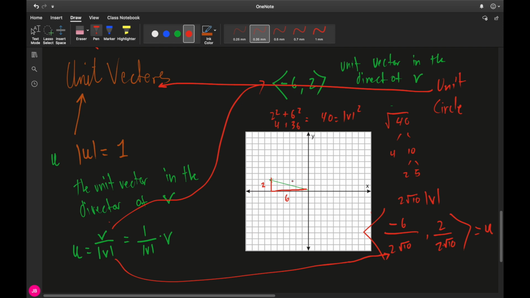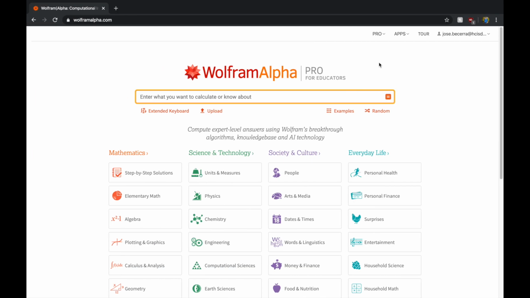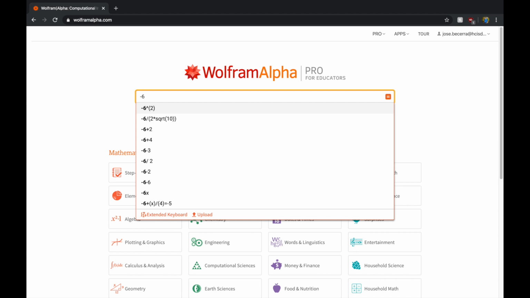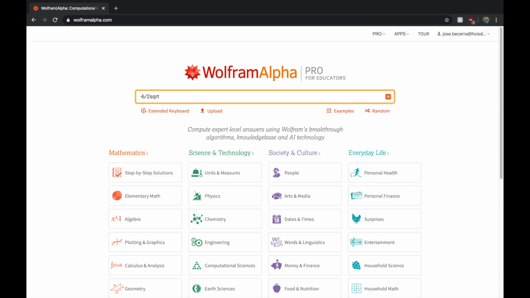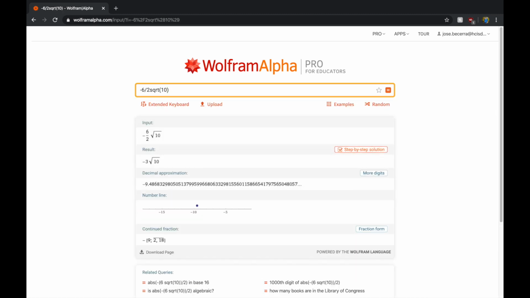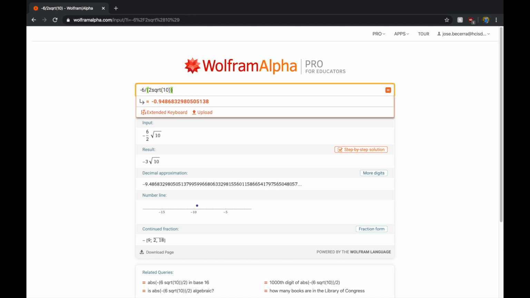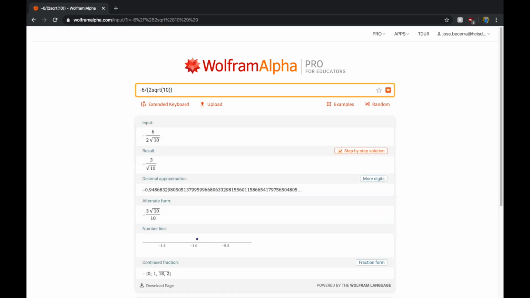So to continue this, if we actually wanted to graph it, we could pull up a calculator like Wolfram Alpha and say negative 6 divided by 2 times the square root of 10. We should probably put parentheses here. There we go.